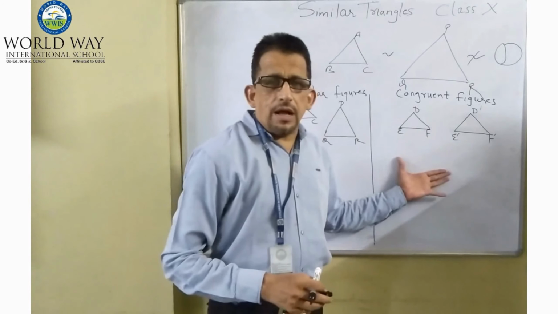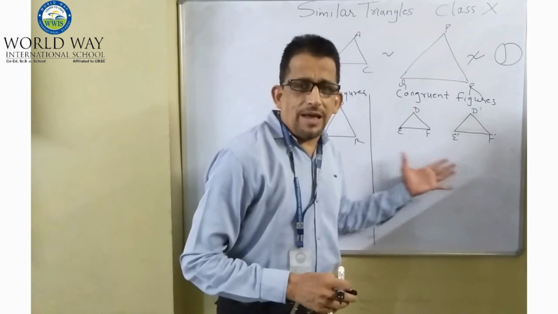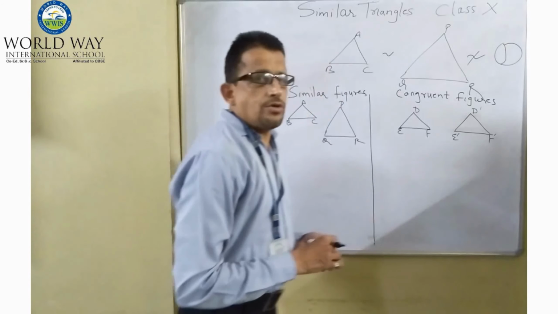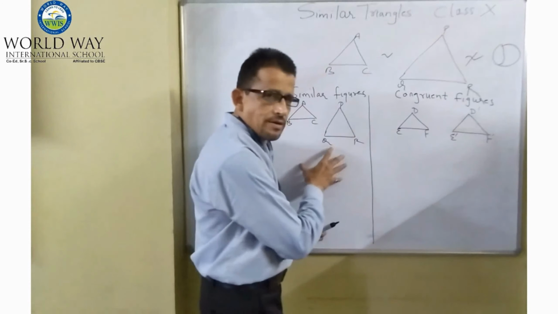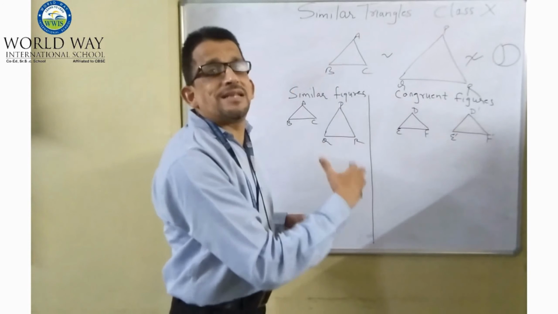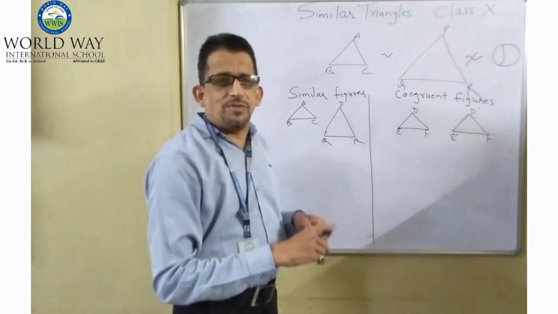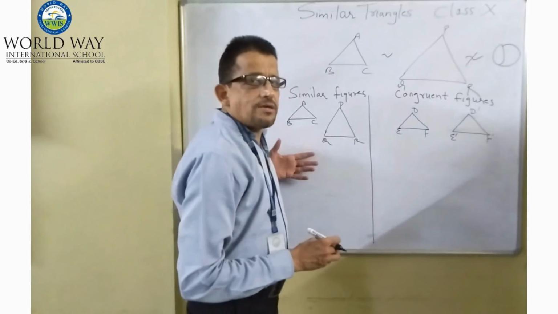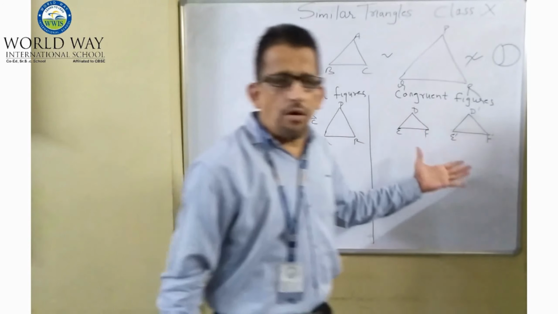Two figures are said to be congruent if they are the same in shape and size. So we conclude that all congruent figures are similar, but all similar figures are not necessarily congruent. So this is the actual difference between similar figures and congruent figures, or similar triangles and congruent triangles.